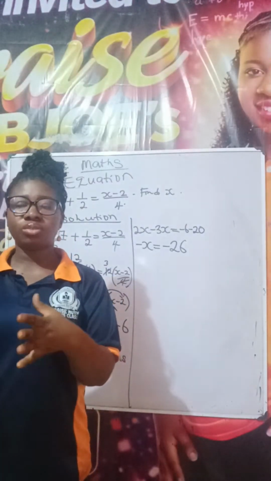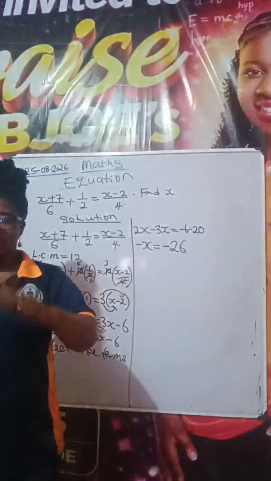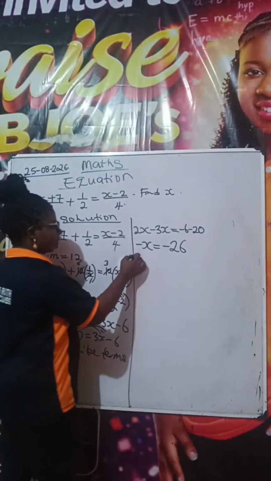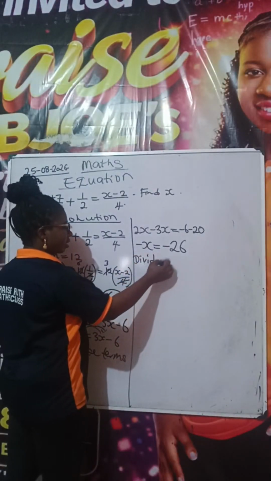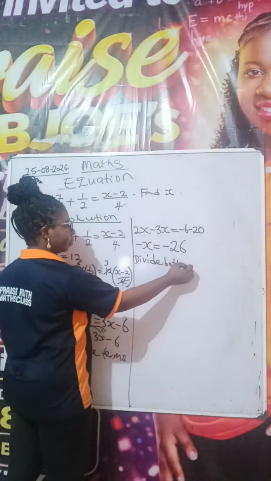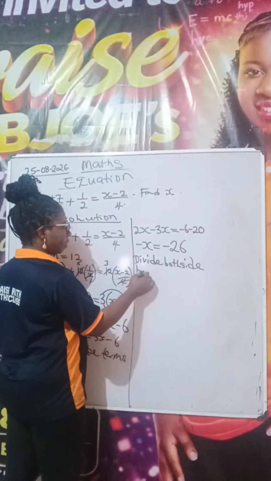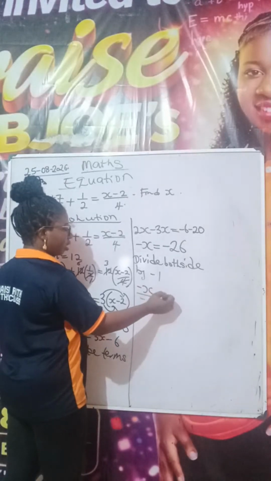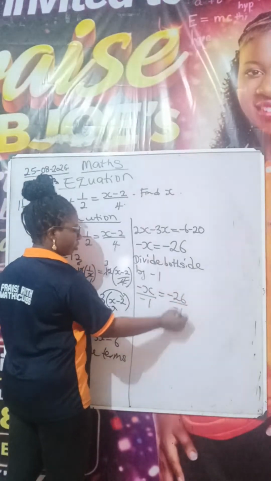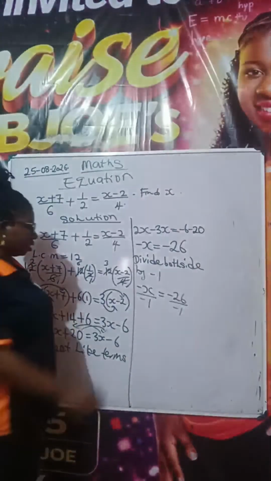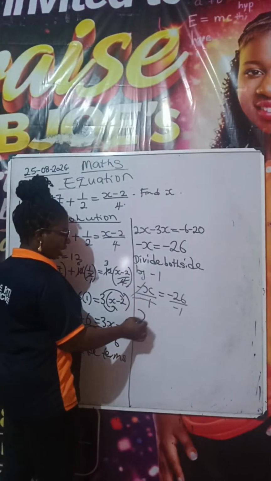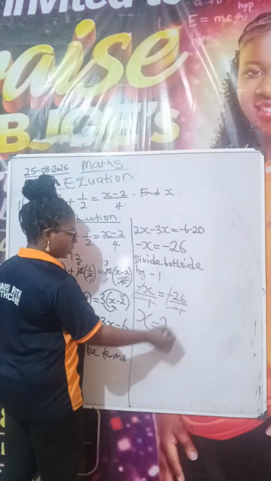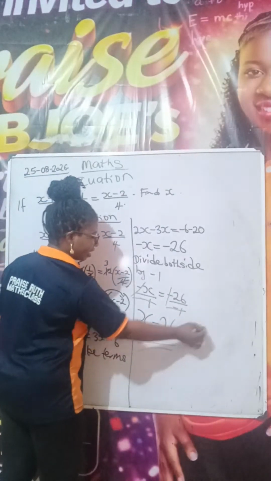So now all we need to do is to divide both sides by minus 1. So we have minus x over minus 1 equals minus 26 over minus 1. Now look at it. Minus removes minus. I have the full x equals to 26. So this is the final answer.